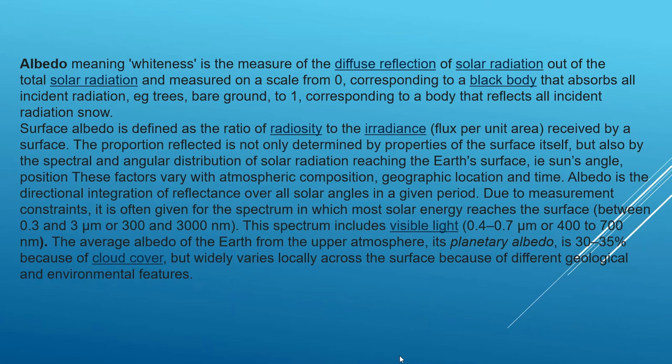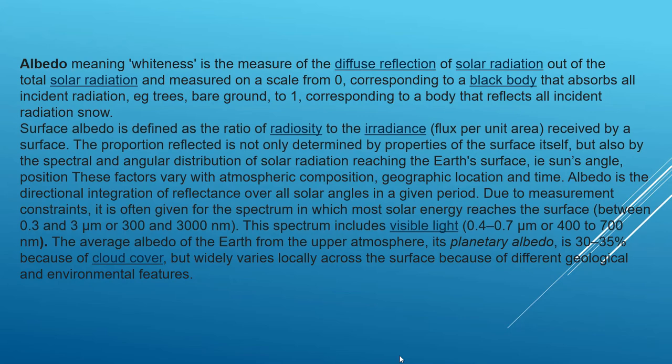Due to measurement constraints, it is often given for the spectrum in which most solar energy reaches the surface, which can be anywhere between 0.3 and 3 micrometers or microns, or converted into nanometers, 300 to 3,000 nanometers. The spectrum includes the visible light, which is found in the 0.4 to 0.7 micrometers or 400 to 700 nanometers.